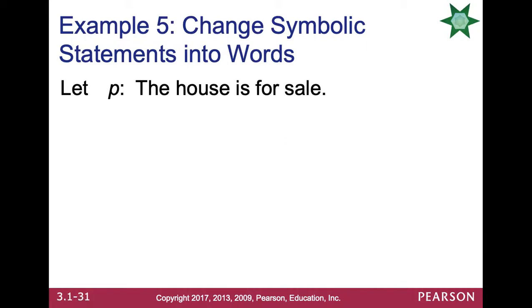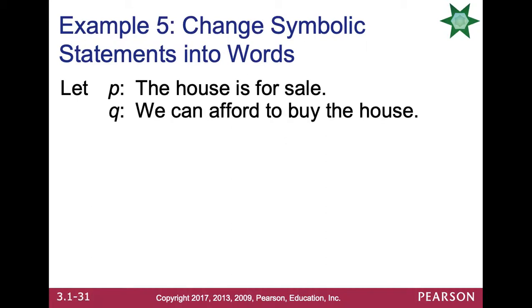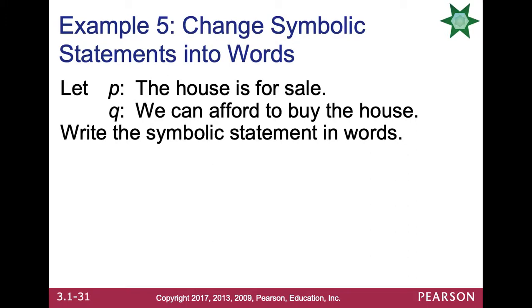So now let's change symbolic statements into words. So here's another real life example. Let P, the house is for sale. Q, we can afford to buy the house. That's a little tricky in Denver. And now we just want to write this symbolic statement in words.